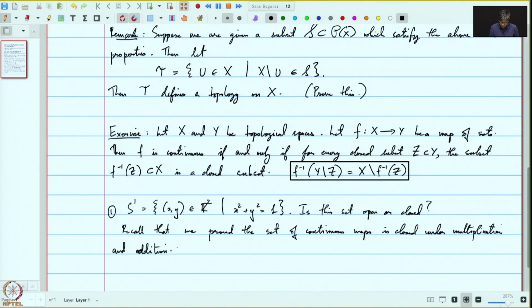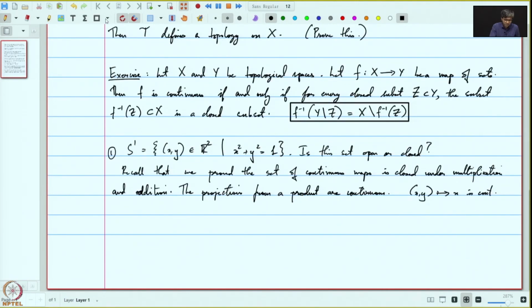And we also proved that the projection maps from a product are continuous. Right? So therefore this map (x, y) maps to x is continuous.